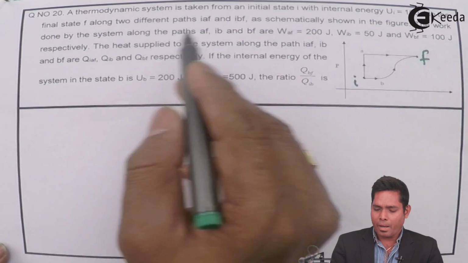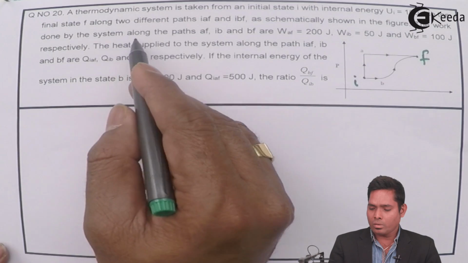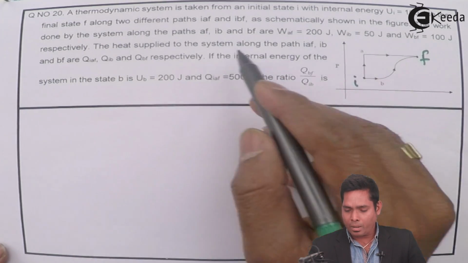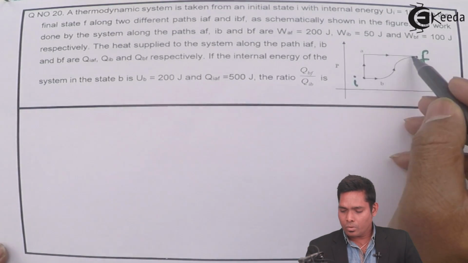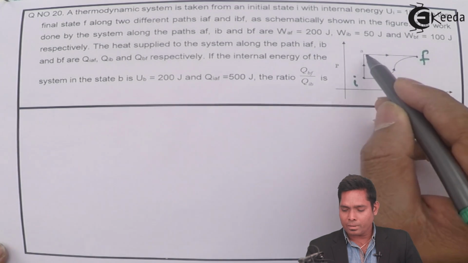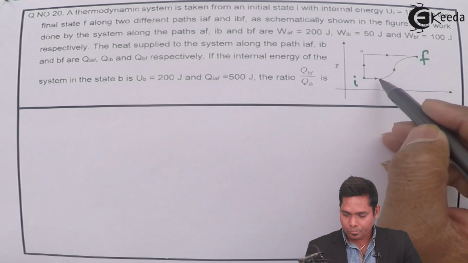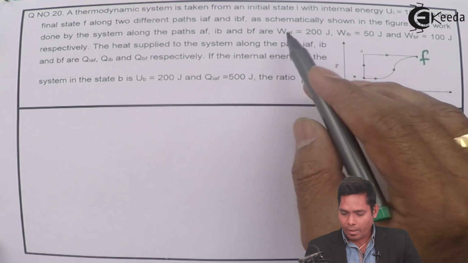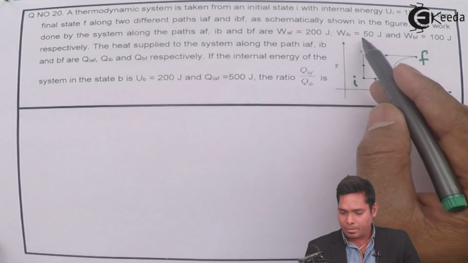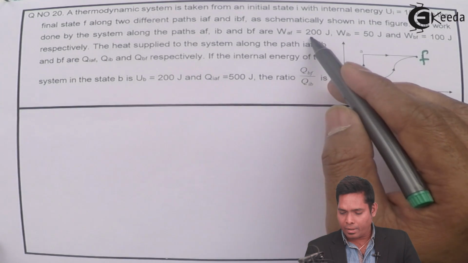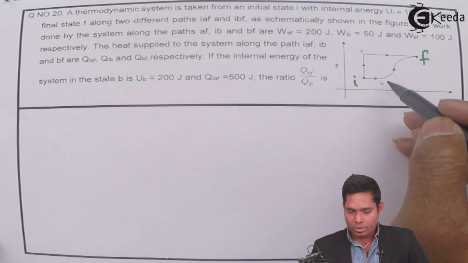The work done by the system along the paths AF and IB are given respectively.